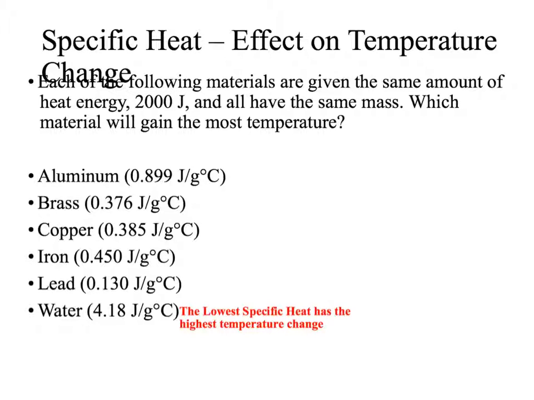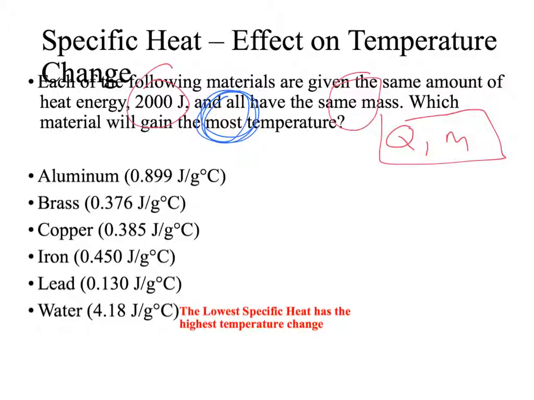Last slide here. Each of the following materials is given the same amount of heat energy, which is 2,000 joules. They all have the same mass, so basically Q and M are the same for every sample. Which of the materials is going to gain the most temperature? Well, the use of that word most, if you're looking at test taking strategy, tells us, since we have a big list of numbers, that either the biggest number or the littlest number is going to be the correct answer.